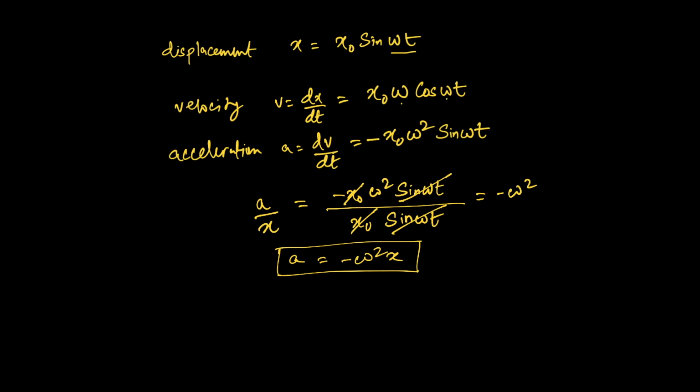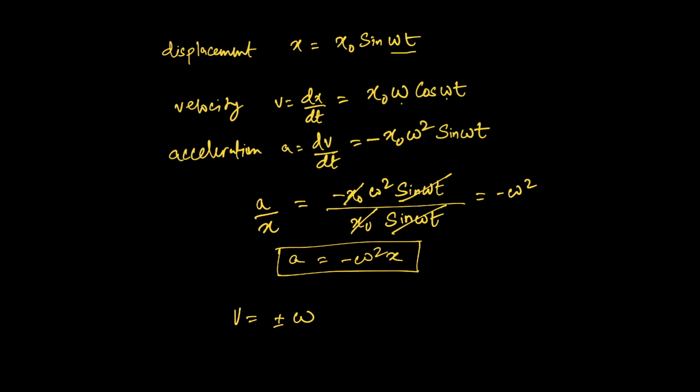So if you now want to calculate the velocity of a vibrating body at any point in the oscillation, how would you go about doing it? Well, quite simply, you would use v equals plus or minus omega.